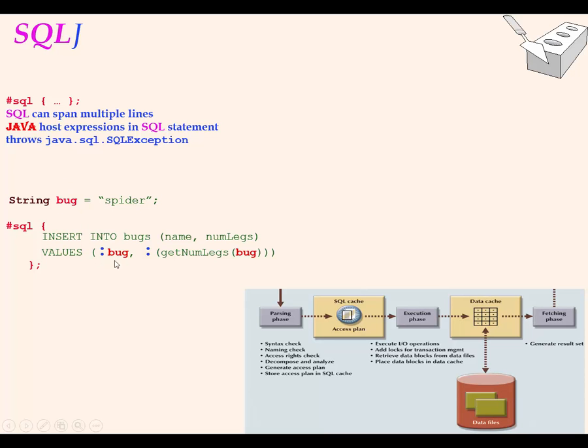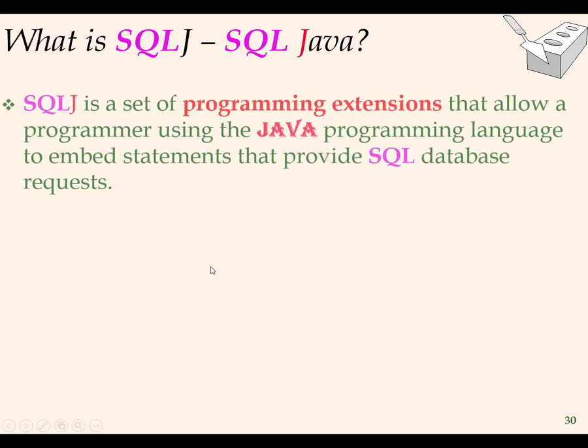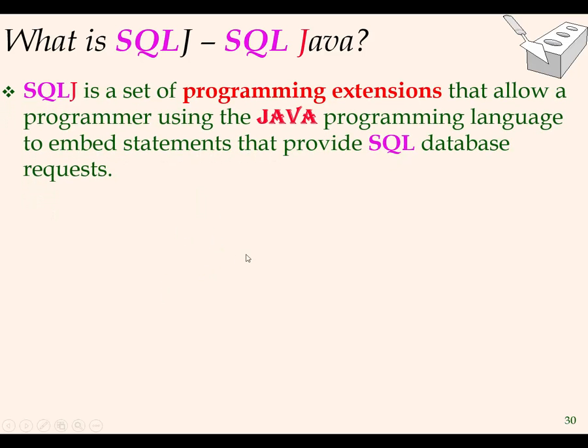This bug comes from the host language, and the second one also comes from the host language, it is the result of calling getNumLegs on the bug. When you use this colon, that means those variables come from the host language. So SQLJ is SQL embedded in Java, and you can use Java as the programming language.